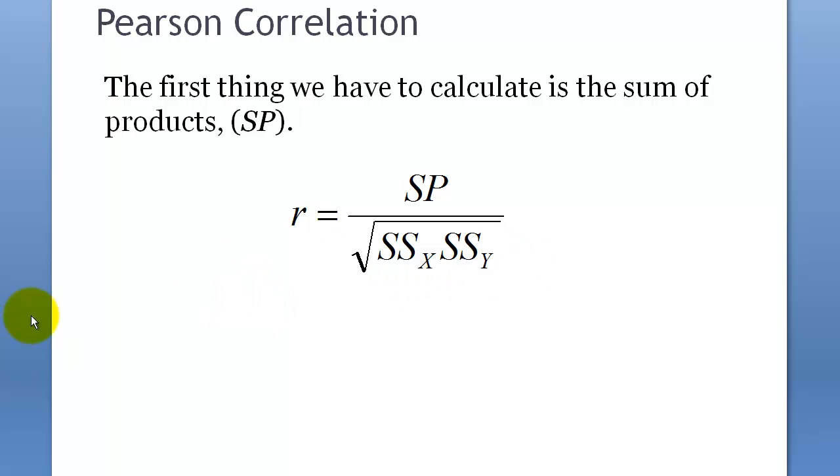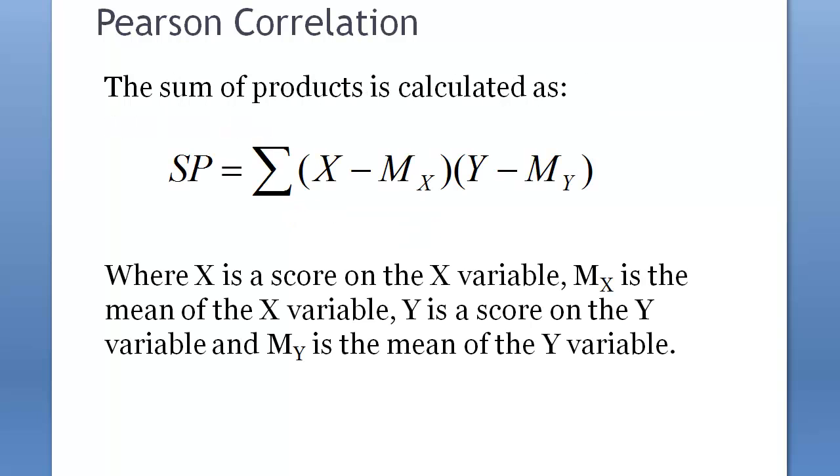But however, the question: what is the sum of products? What are products? The sum of products is calculated like this. This is the x value minus the mean of x values, times the y value minus the mean of y values, and you sum.